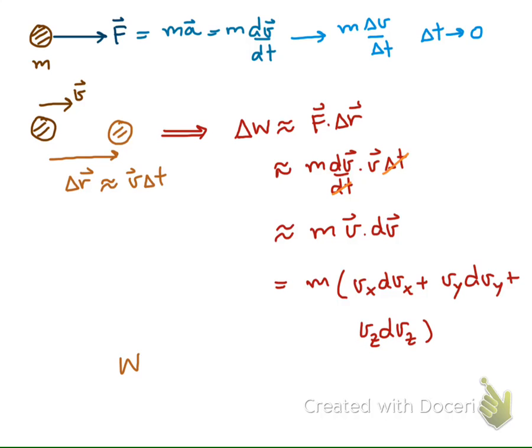So the total work is equal to the summation of the delta W, which we can say is equal to the integral from the initial position to the final position of F dot dr. Okay, but now we express this delta W in terms of the velocity.